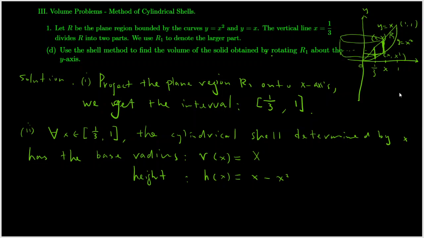Now look at the cylinder again. The base radius is nothing but x. Base radius is x. Does that make sense?